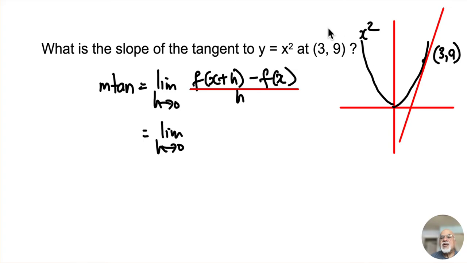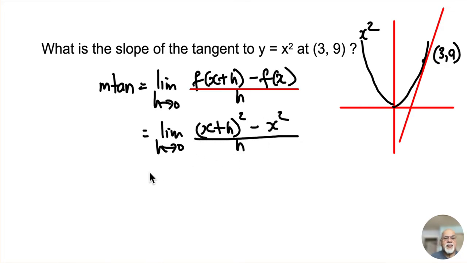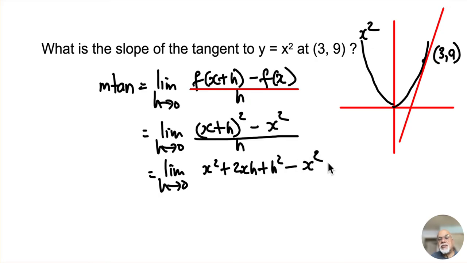All right, so this becomes the limit as h goes to 0. Given that f of x is x squared in this case, that would be x plus h squared minus f of x, which is x squared, all over h. Squaring that binomial, you get x squared plus 2xh plus h squared minus x squared, all over h.